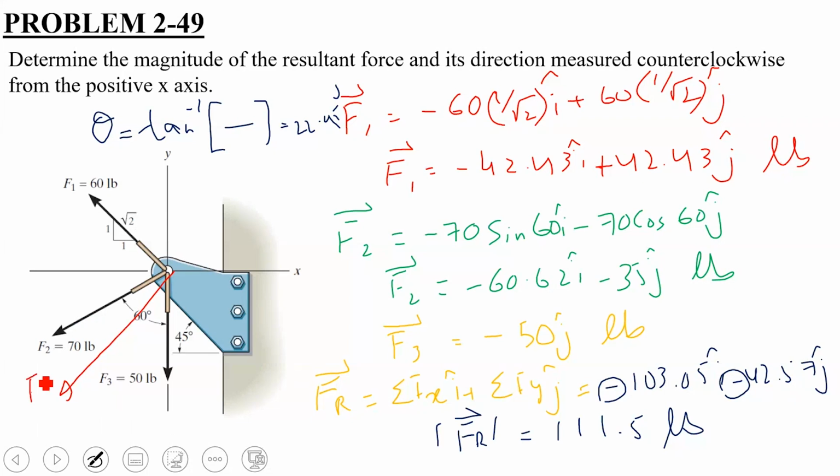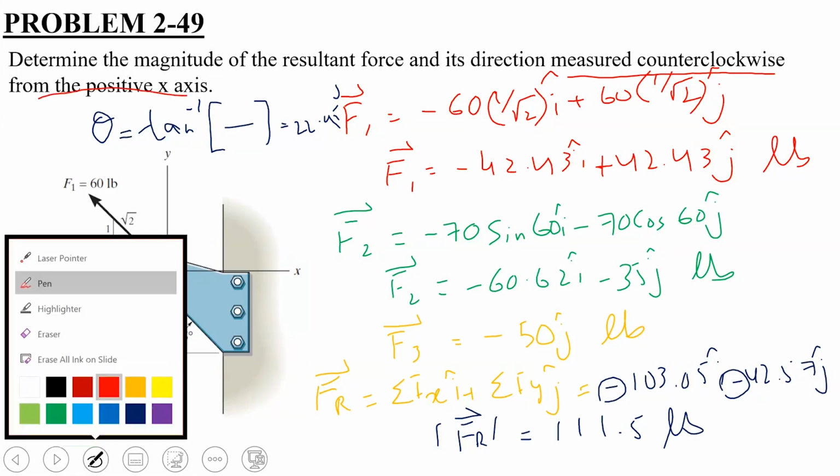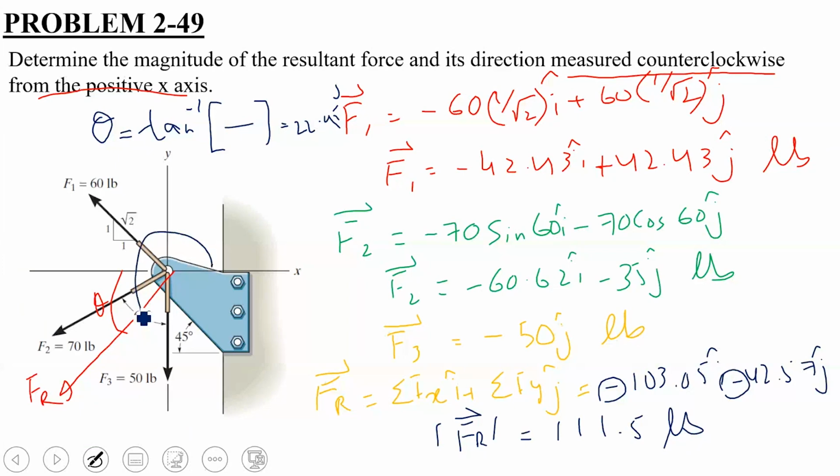So this is the Fr and this is the angle theta that you have determined, 22.45. The question asked you to determine the angle measured counterclockwise from the positive x-axis. So how much is the total angle from the positive x-axis? The overall angle would be equal to 180 plus theta. So you get 202.45 degrees as the angle.